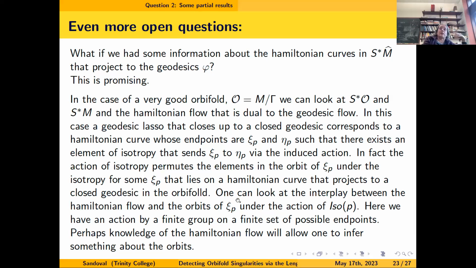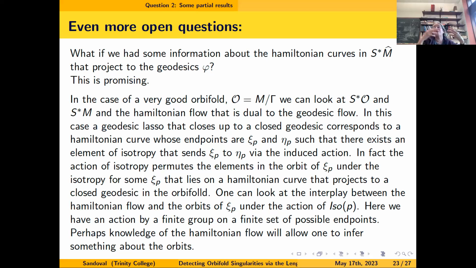In any case, the idea here is that you can look at the interplay between the Hamiltonian flow, which presumably you can know about, and that's giving you information about the orbits of one of these covectors above P under the action of the isotropy. So there are things that you can know.